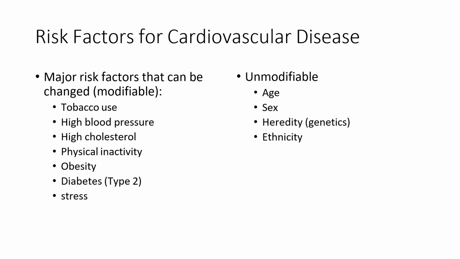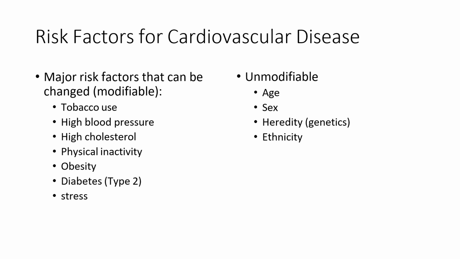But then on the left-hand side, we have some major risk factors that can be changed. These are modifiable, more lifestyle factors, something that's within an individual's control to be changed to reduce their risk of cardiovascular disease. So tobacco use, smoking, high blood pressure, which can be caused by stress, anxiety, also poor diet.